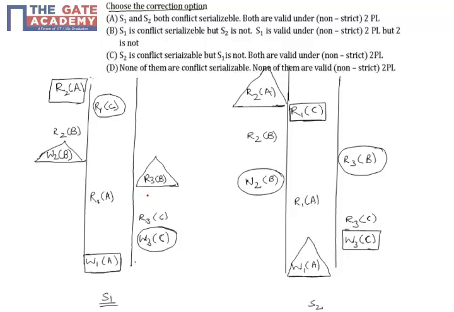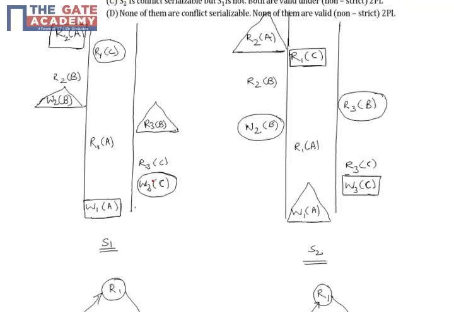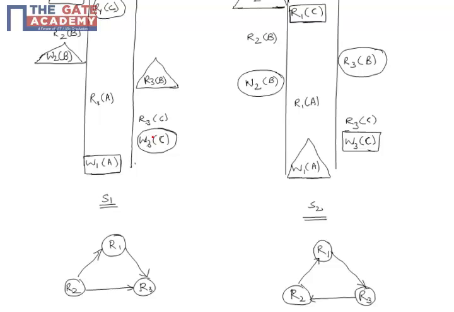As we know, the simplest way to determine if a schedule is conflict serializable is to plot the precedence graph for the schedule. So, let us plot the precedence graph for these two schedules. This is how the precedence graph for these schedules looks. In a precedence graph, we have one vertex for each of the transactions in the schedule.